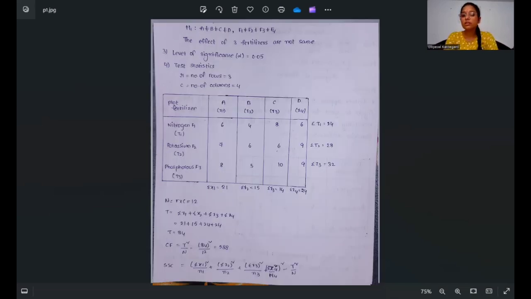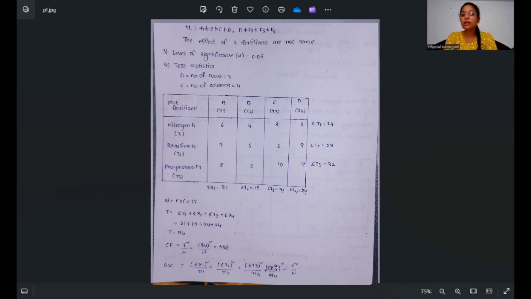While coming to the sum of squares of columns, as we can see here, the first step of solving the problem is the null hypothesis.